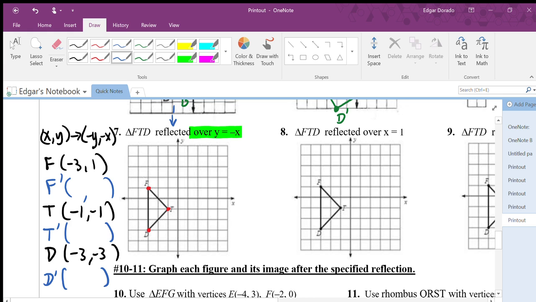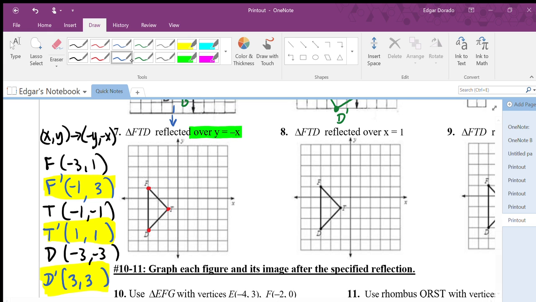Okay. So I have to switch my x and my y. So this is now a 1 and a 3, but this turns into -1. That turns into a +3. This just turns into 1, 1, and 3, 3. Those are actually pretty simple. So let's go ahead and graph these.